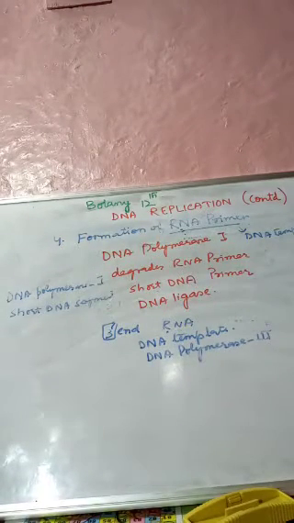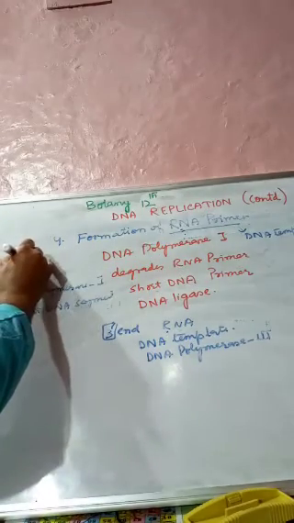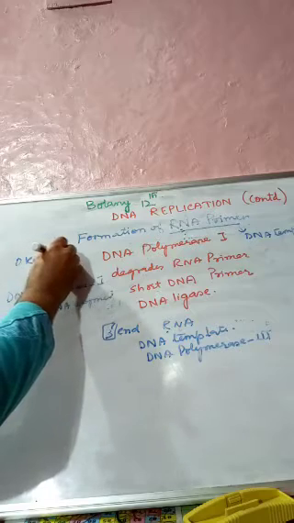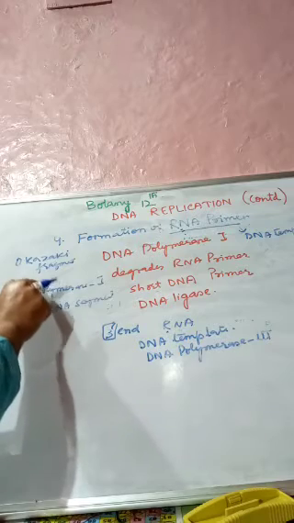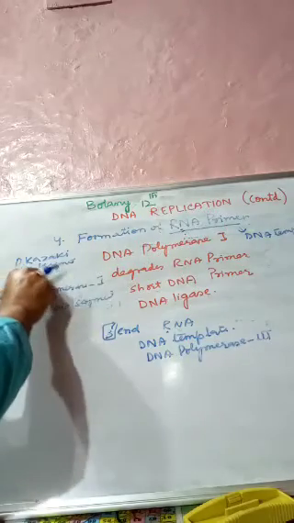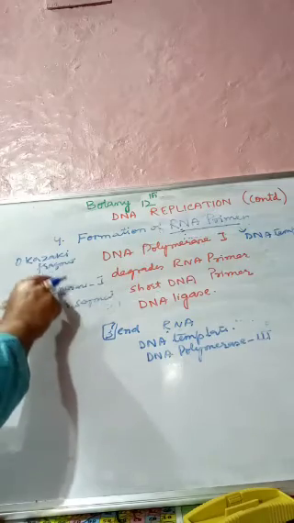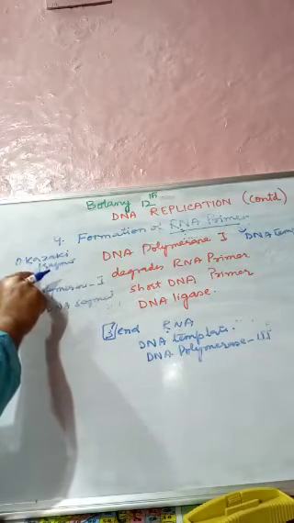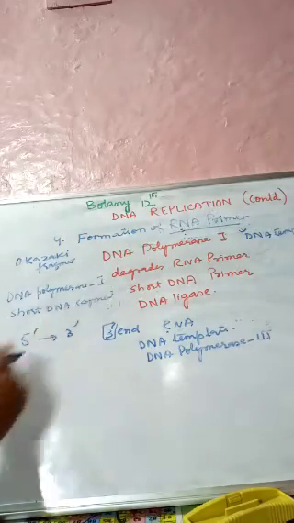Now, अब जो replication होती है, it takes place discontinuously and short pieces are formed, which are called Okazaki fragments. One strand may synthesize a continuous strand and the other Okazaki fragments, or both strands may synthesize Okazaki fragments, but both new strands are synthesized in 5' to 3' direction.